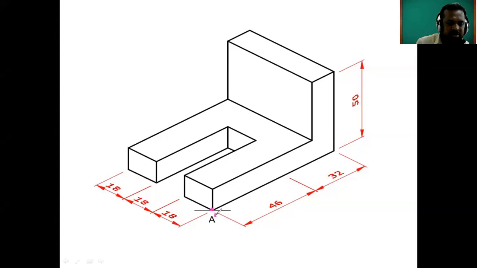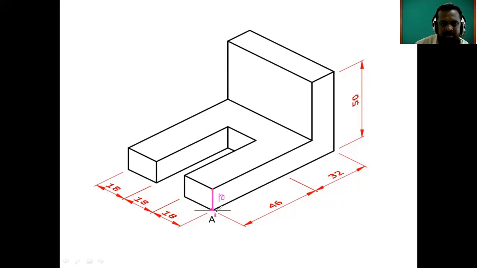Suppose this figure I have started from this point. So this is the point number 1. Then tell me, what is the length of this line? You can assume it. Suppose it is 10 mm.